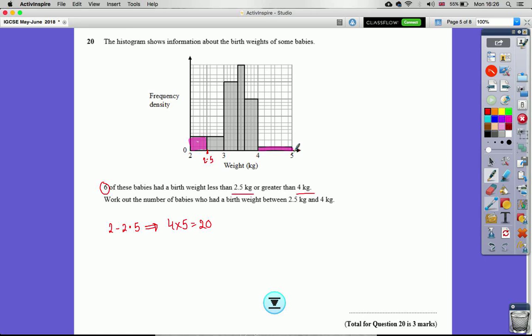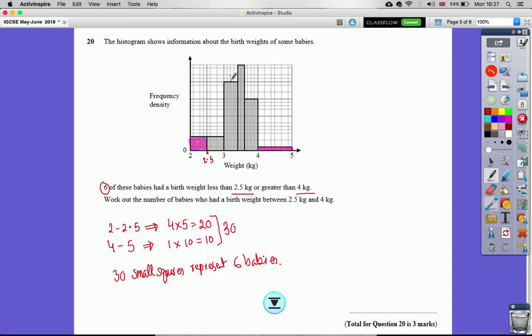And between 4 and 5, you have got 1 times 10 small squares, which is 10. So these 30 small squares represent 6 babies.